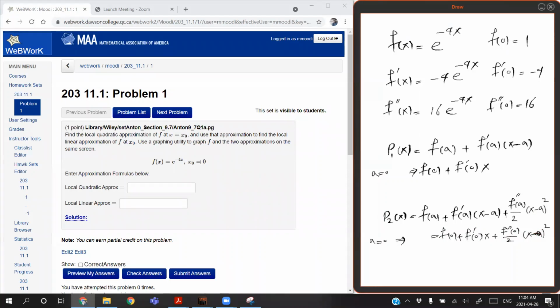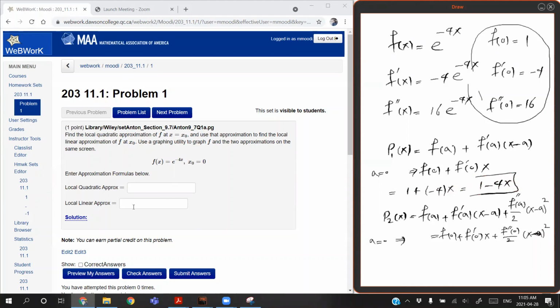Okay, so I have all the values that I need to plug in. That's all I need to do. This one is going to be 1 plus the first derivative times x, so minus 4 times x. It's going to be 1 minus 4x.